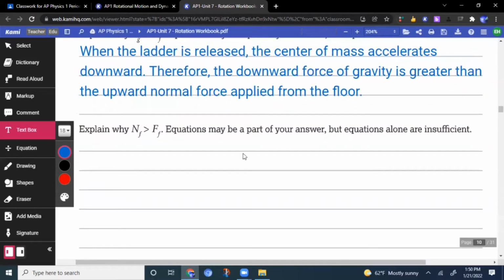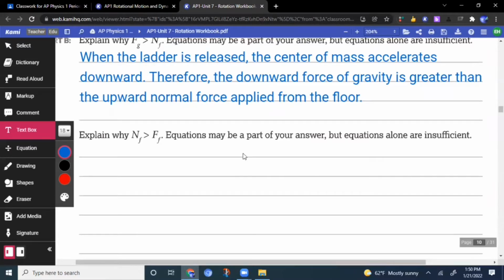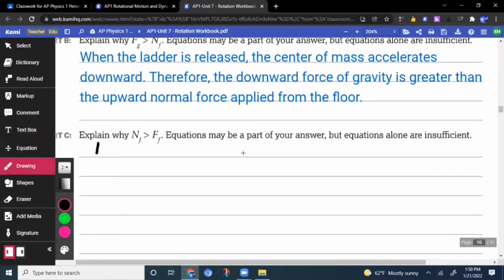Okay, now how about the next segment? Explain why the normal force from the floor exceeds the force due to friction. It says equations may be part of your answer, but equations alone are insufficient. Let me leave you with this: what's the equation for friction? Isn't the force due to friction equal to mu times the normal force?